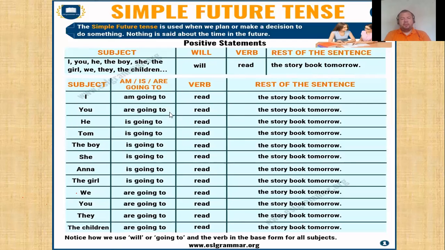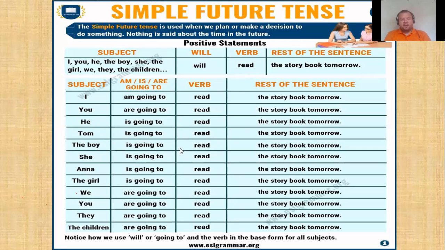You are going to read the storybook tomorrow. He is going to read the storybook tomorrow. Tom, it's like he, is going to read the storybook tomorrow. The boy, it's like Tom, and Tom, it's like he, is going to read the storybook tomorrow.